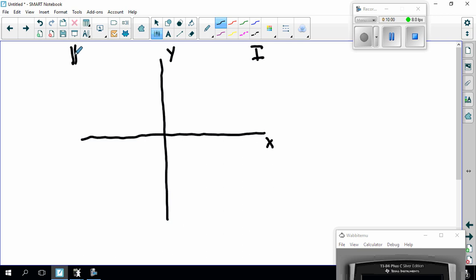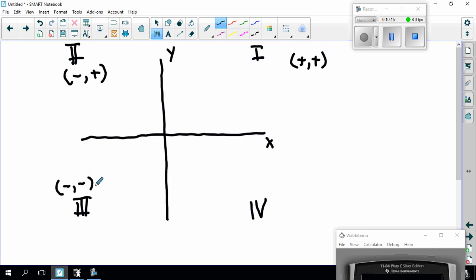This is quadrant 2. This is quadrant 3. And this is quadrant 4. Also known as the plus plus, the minus plus, the minus minus, and the plus minus quadrants.